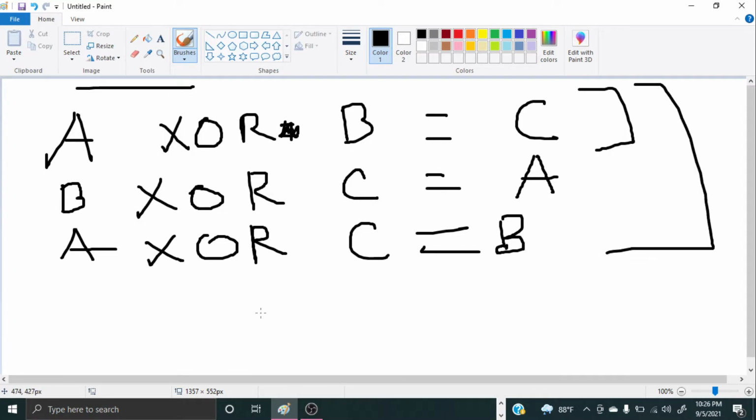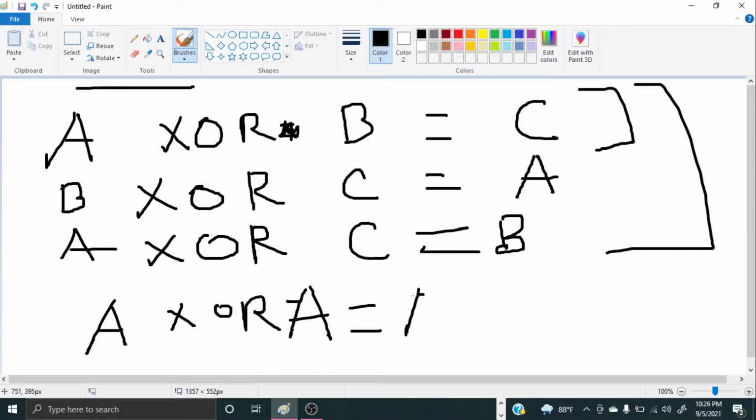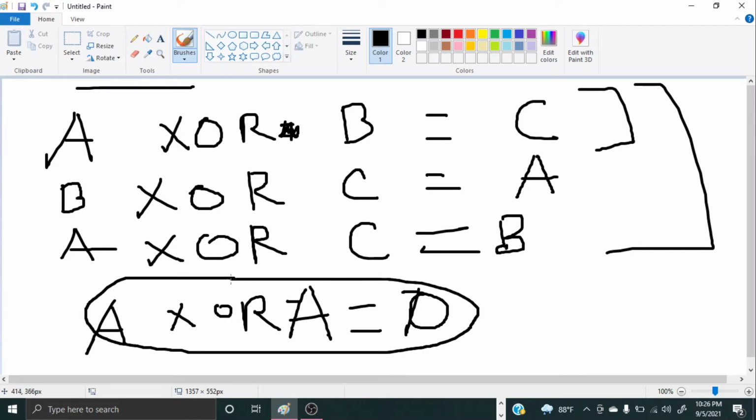How to prove it? As A XOR A equals 0, we could prove it.